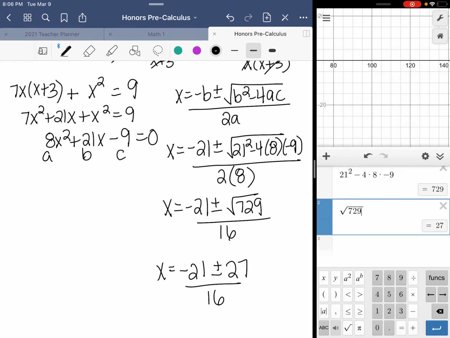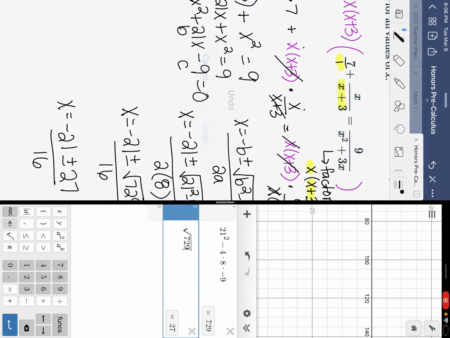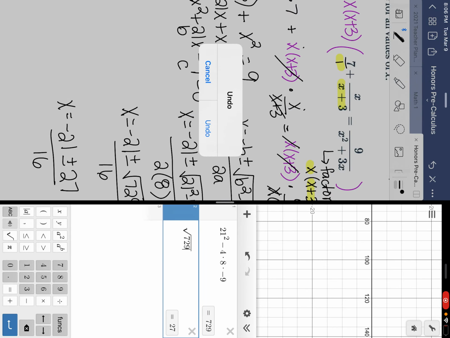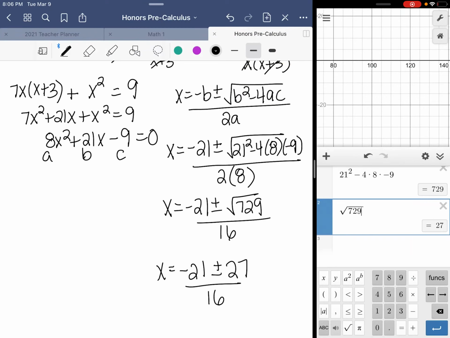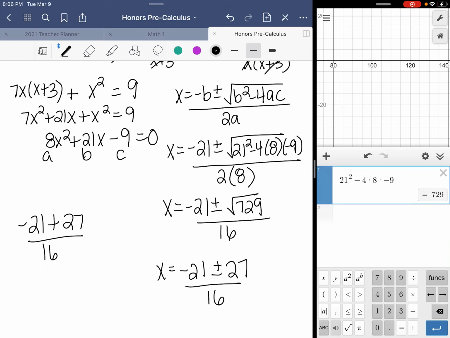Now, in order to find our last two answers, we're going to need to confirm those last two answers by splitting them up. One's going to be the plus and one's going to be the minus. So, when I split that up, I'm going to have negative 21 plus 27 over 16.